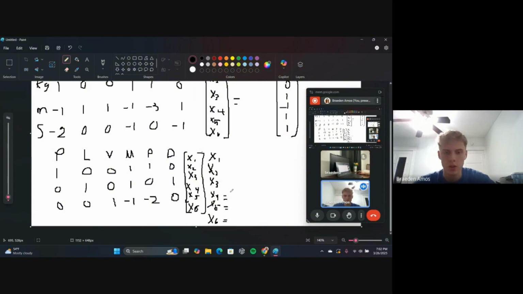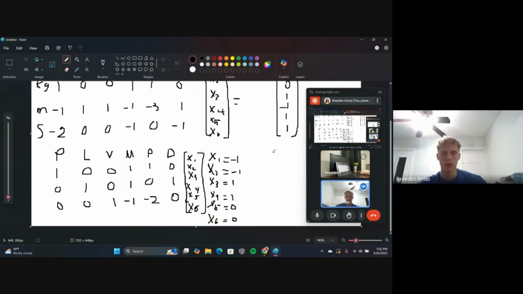The first one we're going to try is when x4 is equal to 1 and x5 and x6 are equal to 0. So when we plug in x4, x1 is equal to -1, this one will also be equal to -1, and x3 would be equal to 1.